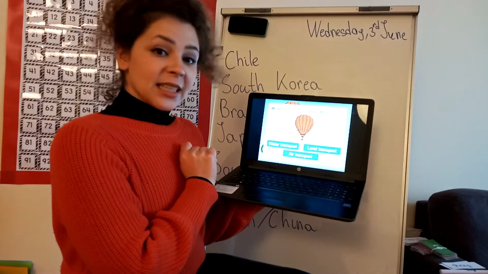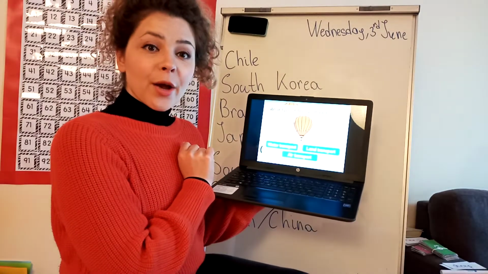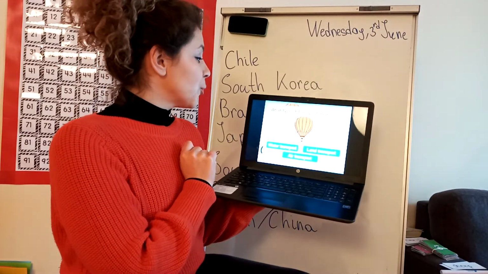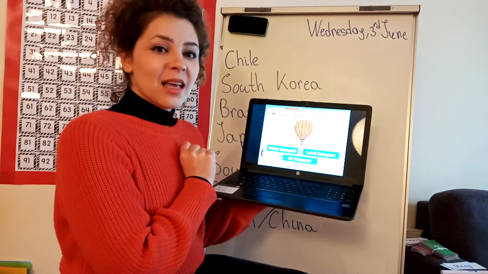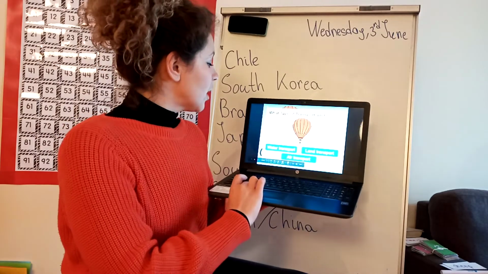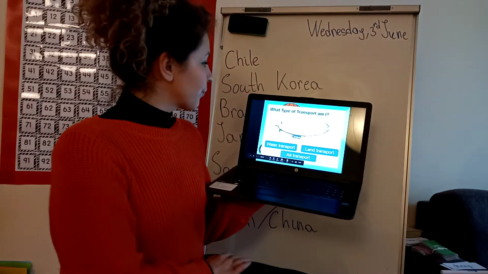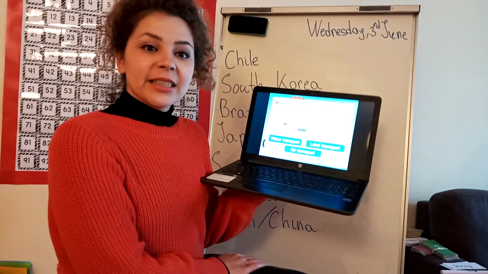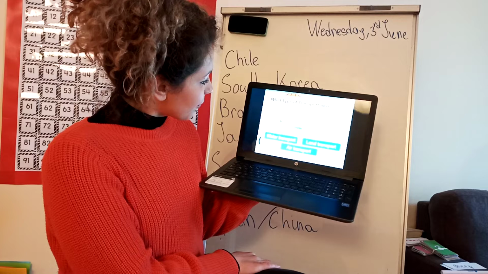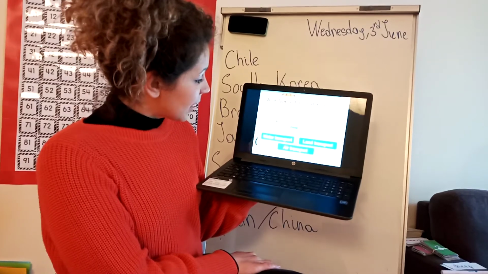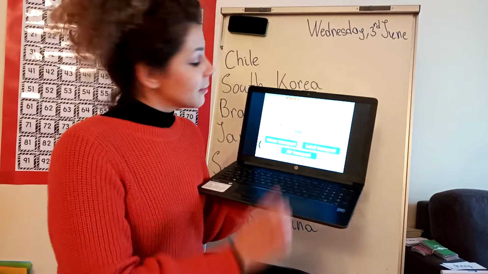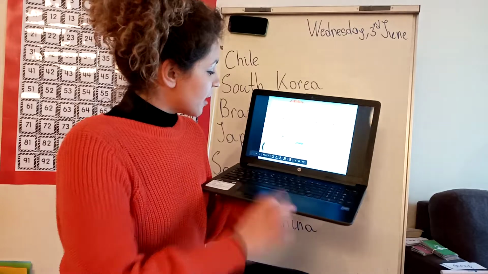Next is a hot air balloon. A hot air balloon flies. If it flies, we know it's a type of air transport. Now this airship also goes in the air, so it would be air transport.